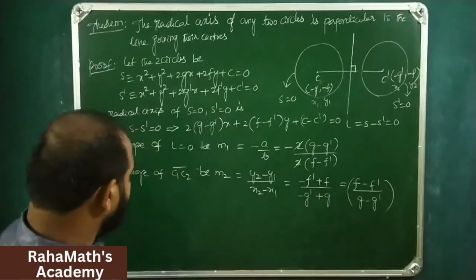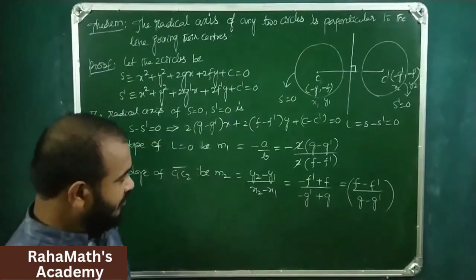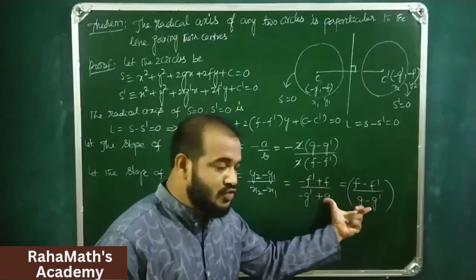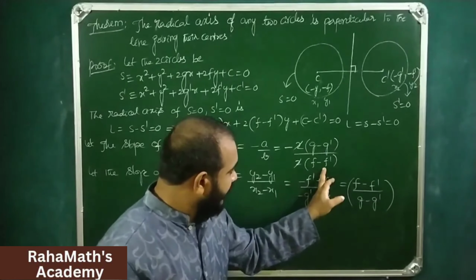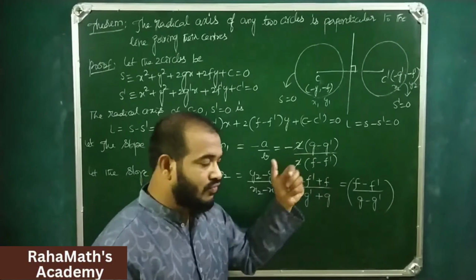Now we can observe that m1 into m2 is equals to minus 1. See, g minus g dash, f minus f dash: this and this get cancelled, this and this get cancelled. We are left with minus 1.